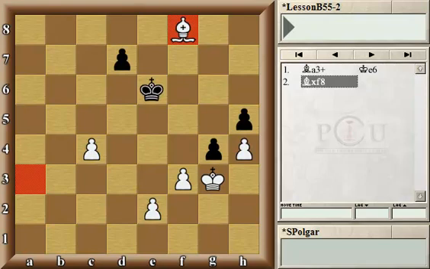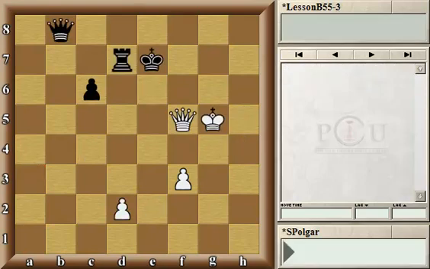Let's move on to the next example, which is going to be a bit more challenging, as in our situation here in position 3, we do not see the black king and queen being on the same line of attack. However, we can force them to be there, but only if we find the correct sequence of moves.